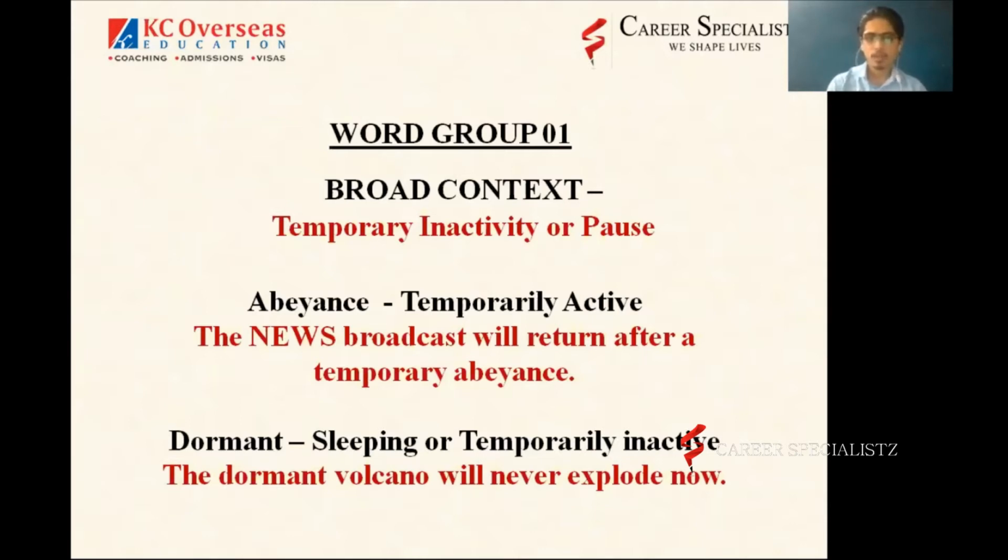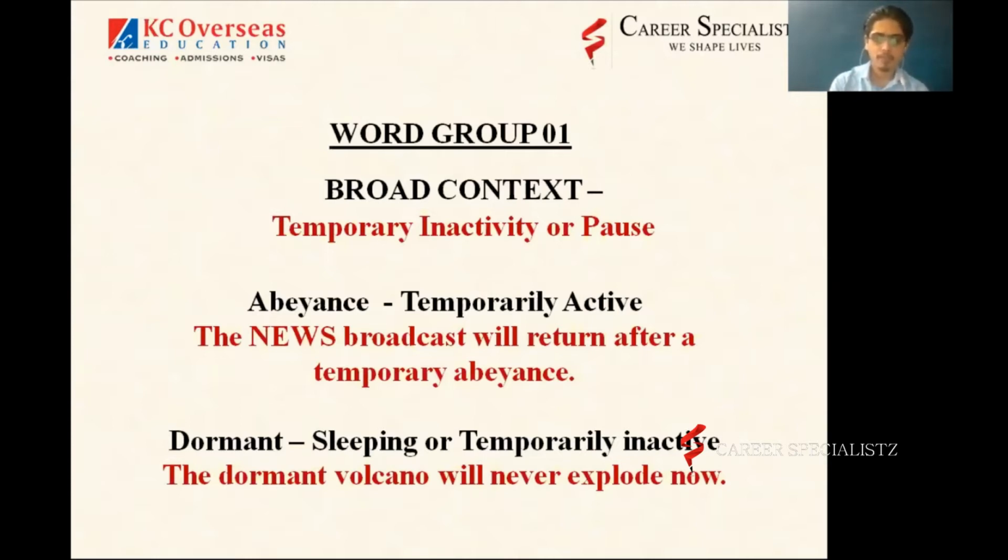The first word that we'll study under this particular broad context is abeyance. Abeyance means a state of temporary inactiveness or something which is temporarily inactive. Now, in order to remember this word in the longer term, we can break this particular word into two different parts.